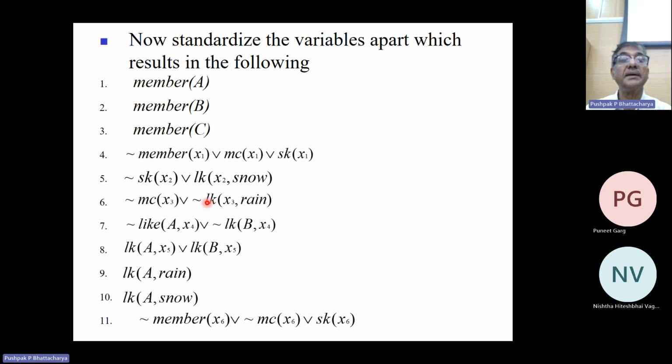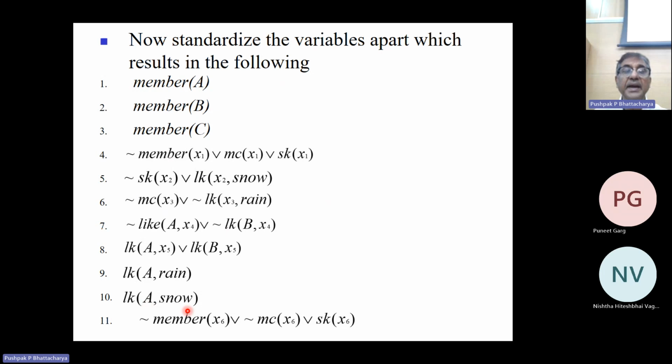So all expressions now have their own variables. When we carry out resolution refutation, the variables get bound, and that's called unification. Through unification, we will obtain the answer.